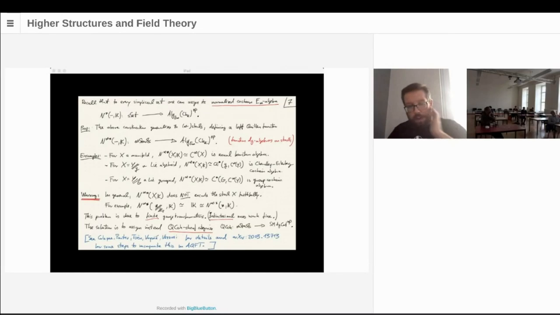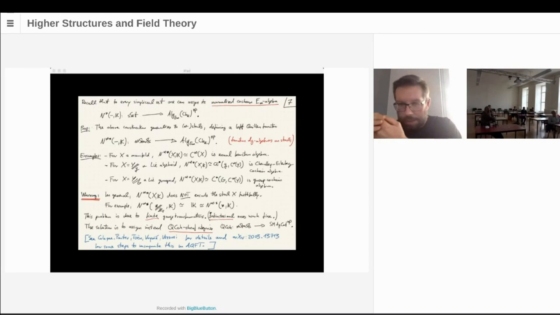Now this is, I think, what I wanted to say about stacks. So now I want to move on and say a bit about quantum gauge theory. But before passing over to quantum gauge theory, we have to do something, because in a quantum field theory we want to describe the observables of the system.